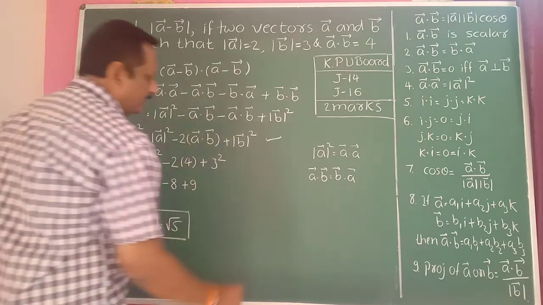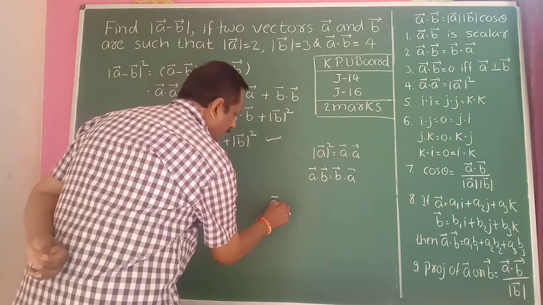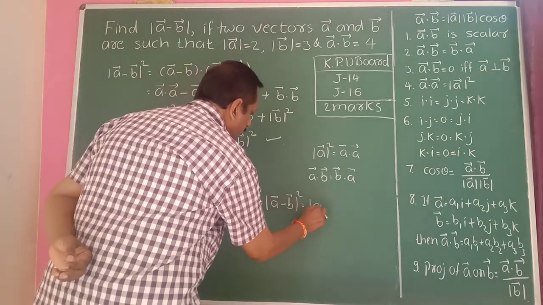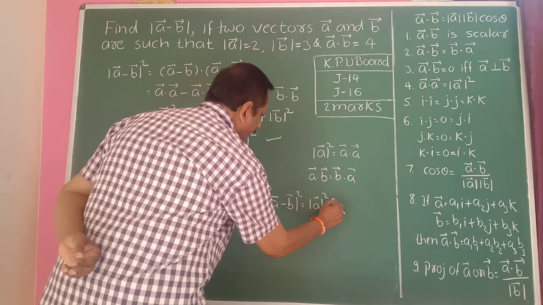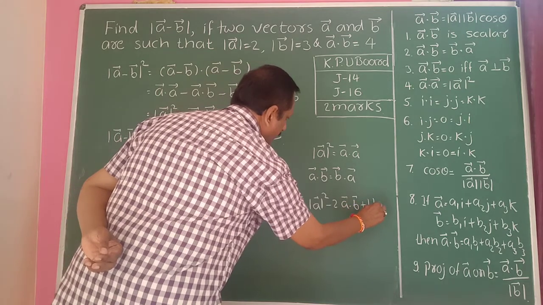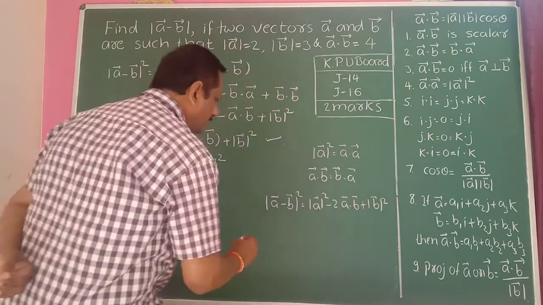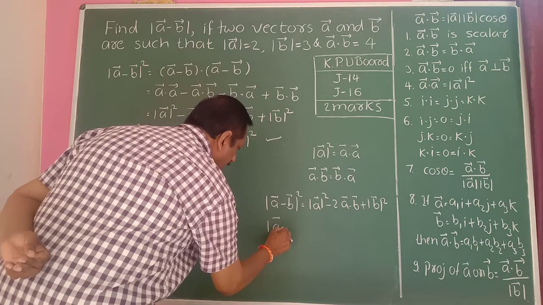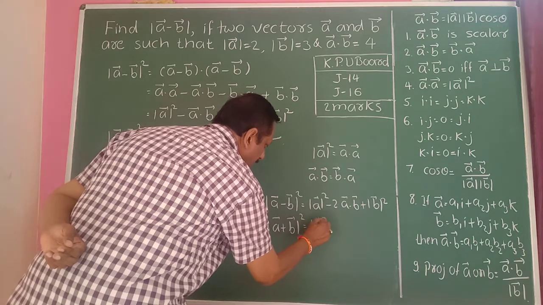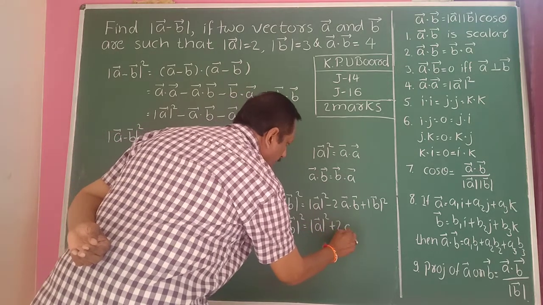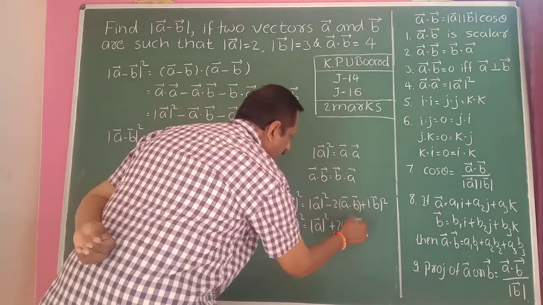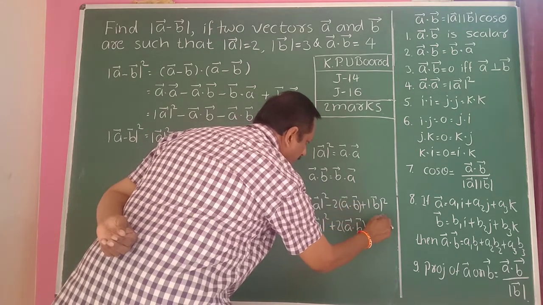Therefore, a bar minus b bar, its square is modulus of a bar square minus 2 times a bar dot b bar plus modulus of b bar square. This is a formula. Similarly, a bar plus b bar, its square is modulus of a bar square plus 2 times a bar dot b bar plus modulus of b bar square.